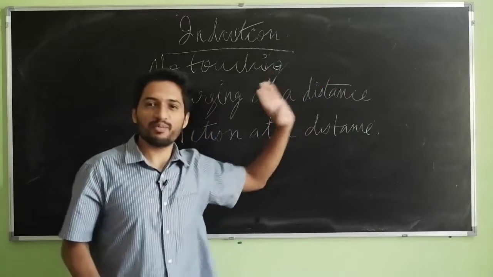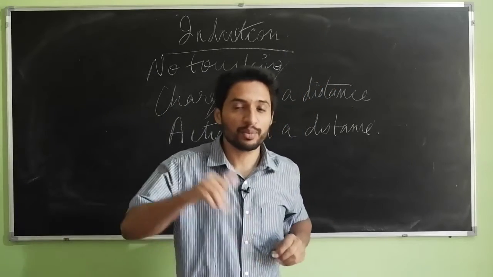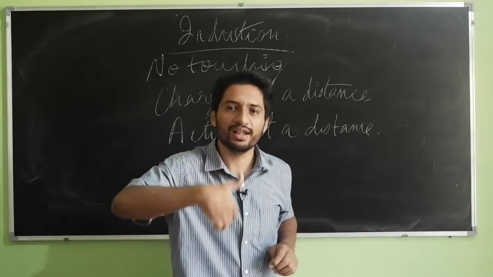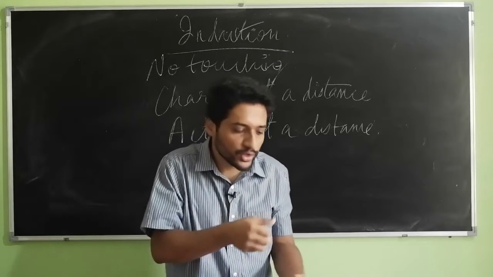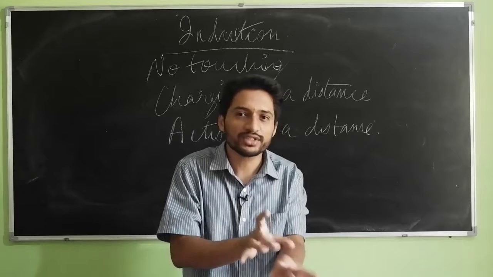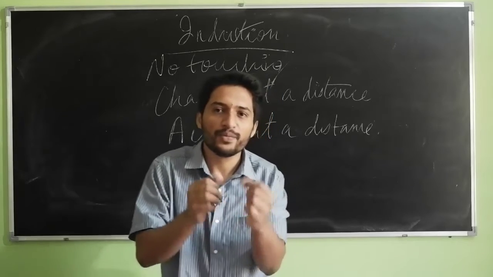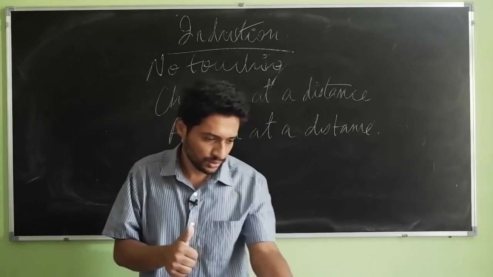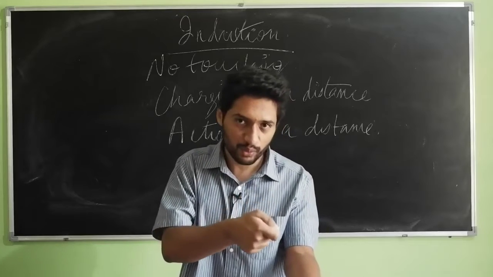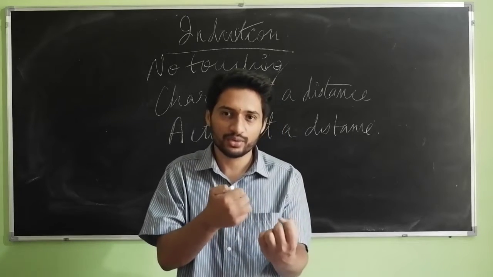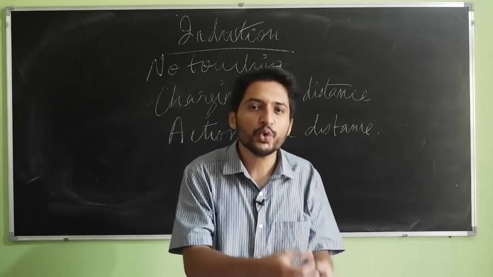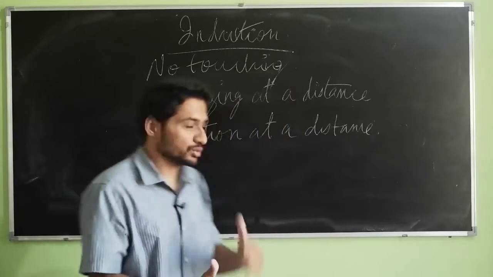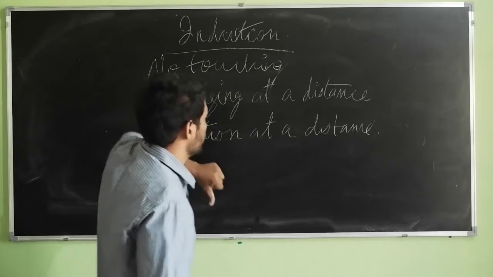This is the magical phenomenon, the one that magicians were doing in Queen Elizabeth's court. They were inducing charges without touching, no contact, action at a distance. The paper bits were being attracted to the glass rod because the charges were being induced on the paper. That's how induction was working.